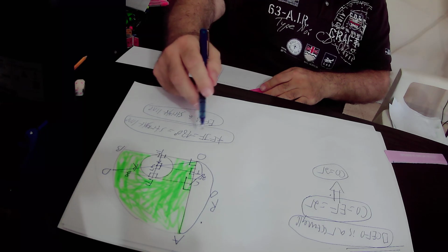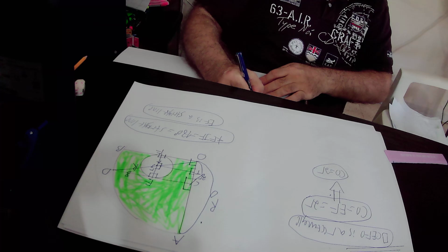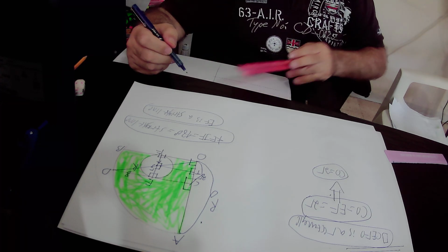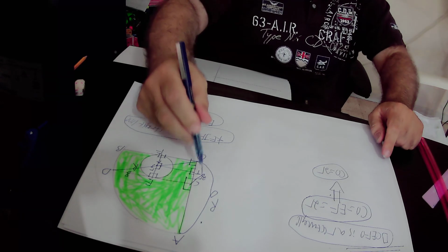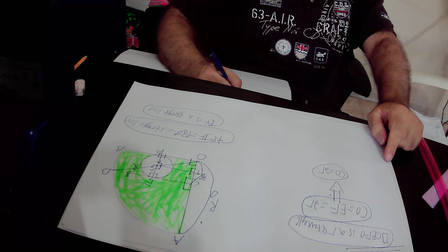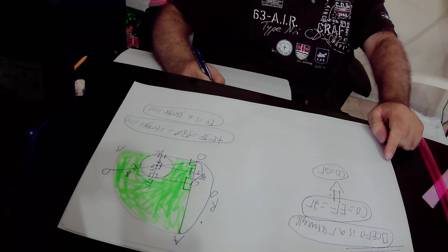The hypotenuse in the right triangle OCD is OD. Therefore, the square of the hypotenuse is OD squared, and it must be equal to the sum of the squares of the perpendiculars. That is to say, it must be equal to CO squared plus CD squared.